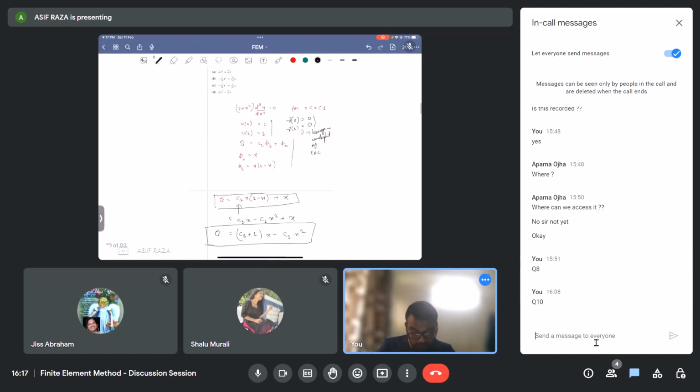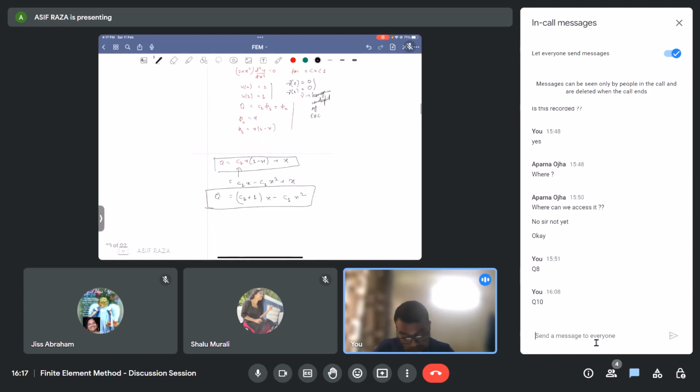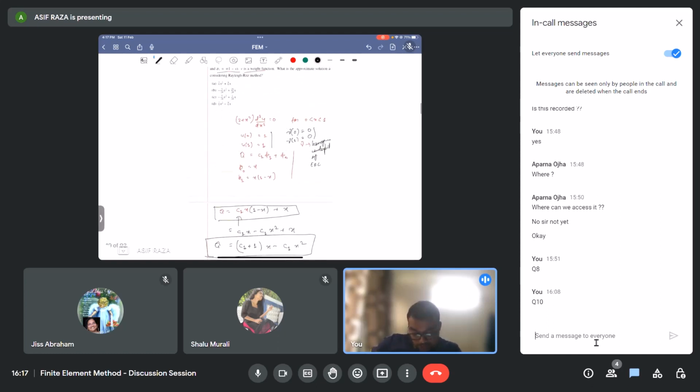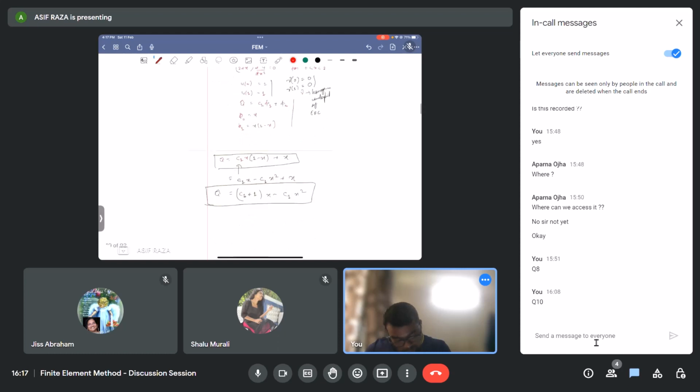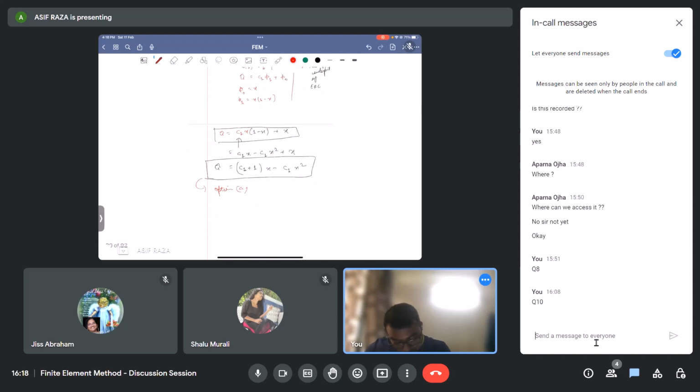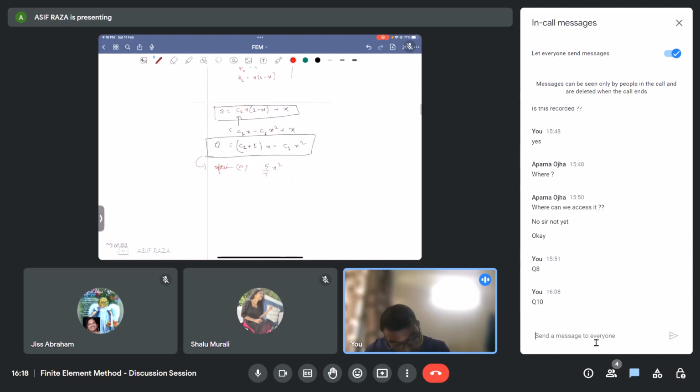I was trying to see whether I can solve using the options directly. Option A is given as 5 by 7 x square plus 9 by 7x.